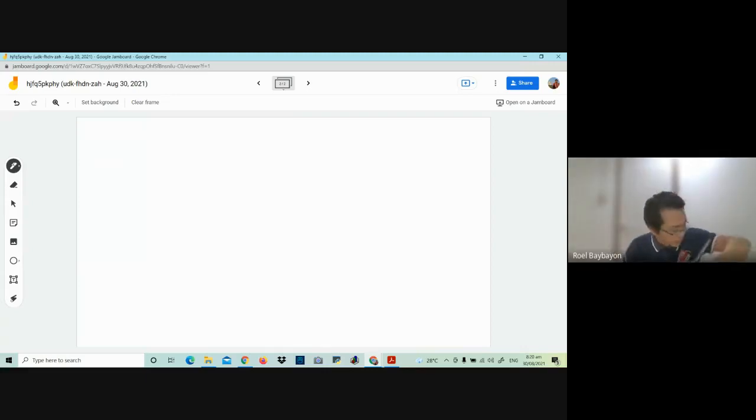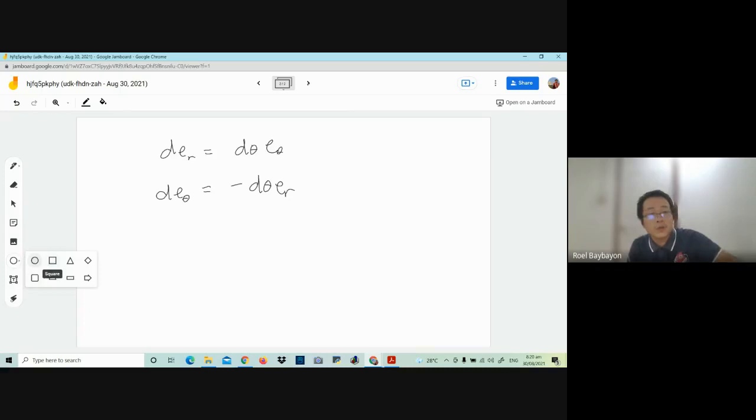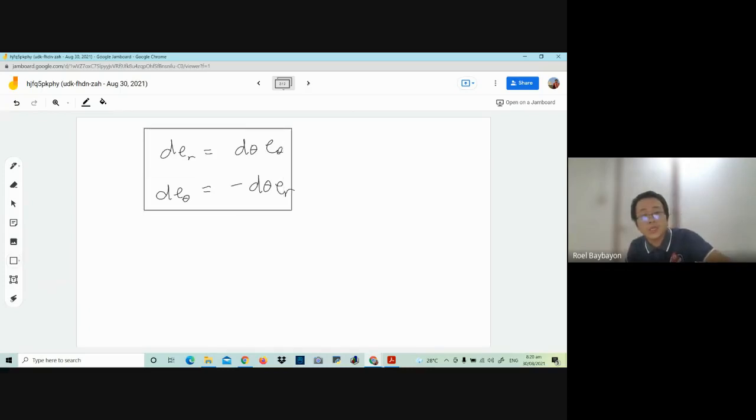So using the concept of arc length, the changes d e_r and d e_theta, we can actually get the expression. Based from the figure, the change of e_r is equal to d theta e_theta, while the change of e_theta is equal to negative d theta e_r. If this were Cartesian coordinates, there would be no change of the unit vectors.